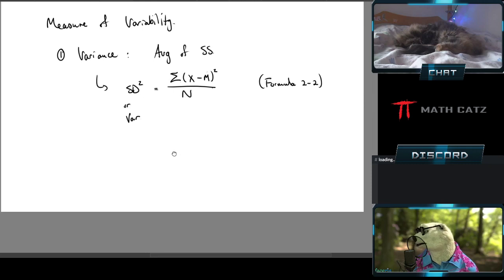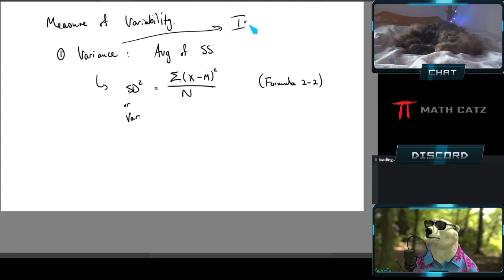There's one issue though, that we shouldn't overthink too much, but it is an issue. The units of the variance, because I'm squaring here, are the square of the unit of the variable itself.